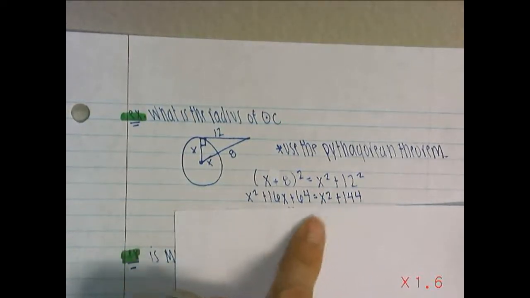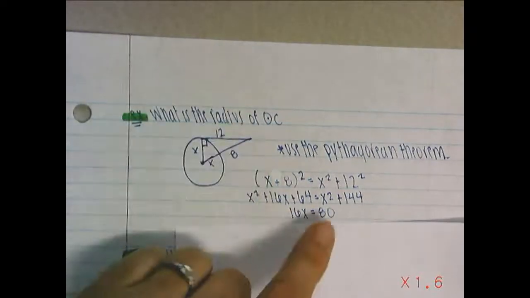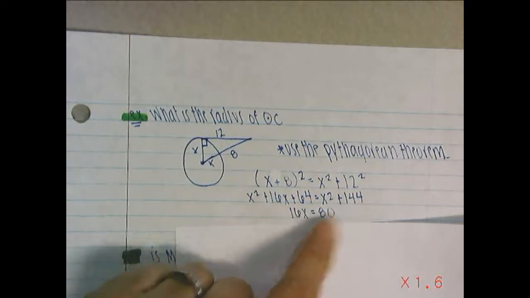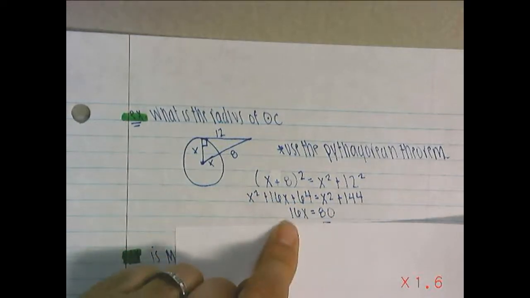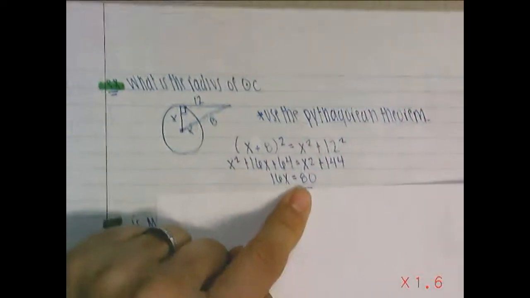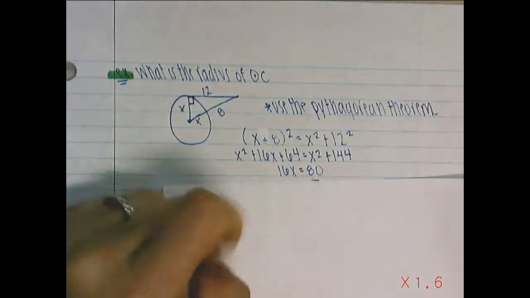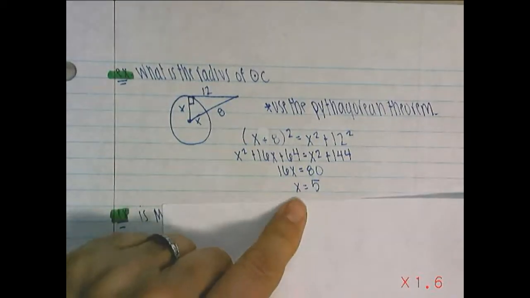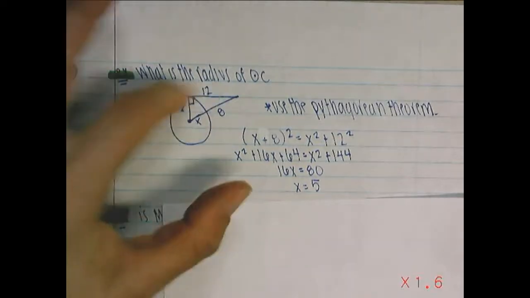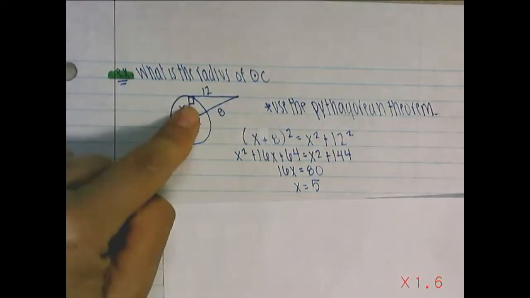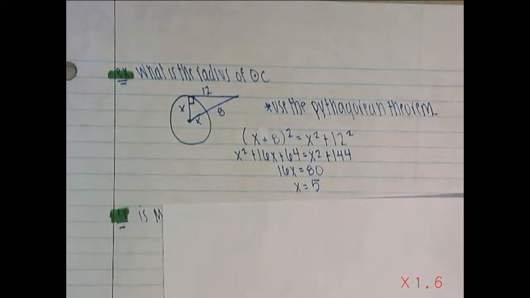Well, I'm going to simplify and combine like terms. I would subtract the x squared and those would cancel out. And then I would subtract 64 and I would get 80. So I would be left with 16x equals 80, right? And then I would divide by 16 and divide by 16. I would end up with x equals 5. So knowing that they're tangent and perpendicular, I was able to use the Pythagorean theorem and solve for my radius, or x.